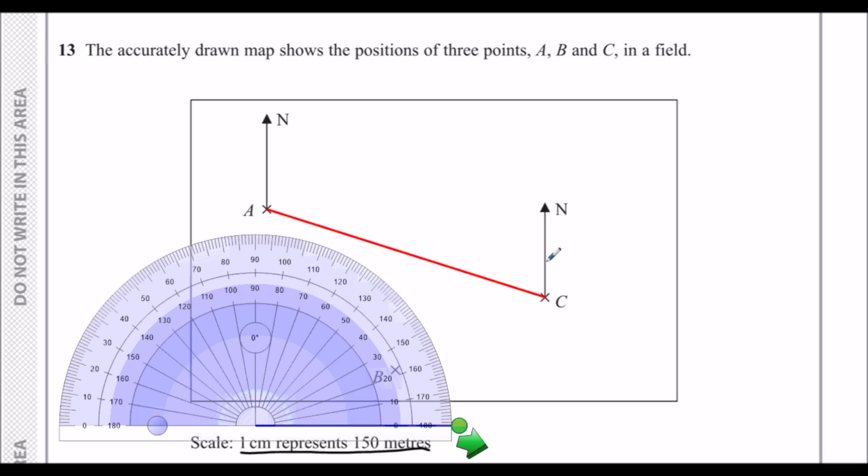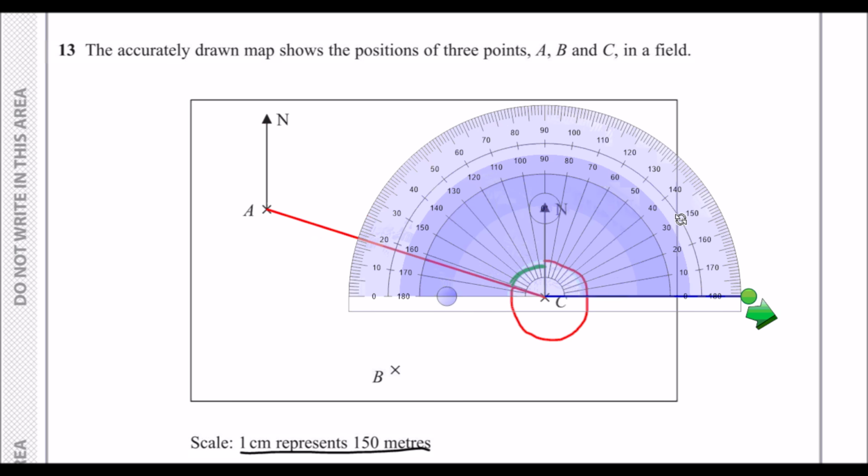So we're going from C clockwise, which means this angle here is the one we want to measure. So I'm going to measure this angle here, and I'm going to do 360, take away my answer.